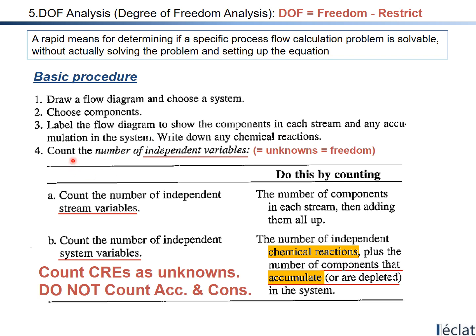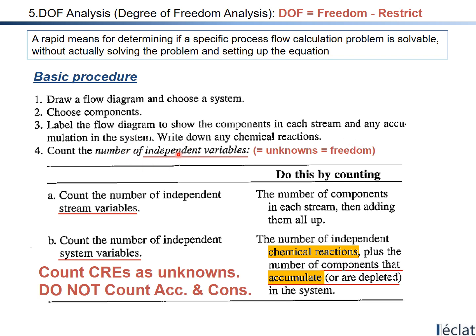Number 4, count the number of independent variables. The variables, sometimes we call them unknowns, and also freedoms. So variables are unknowns or freedoms. So how can we count the number of independent variables?